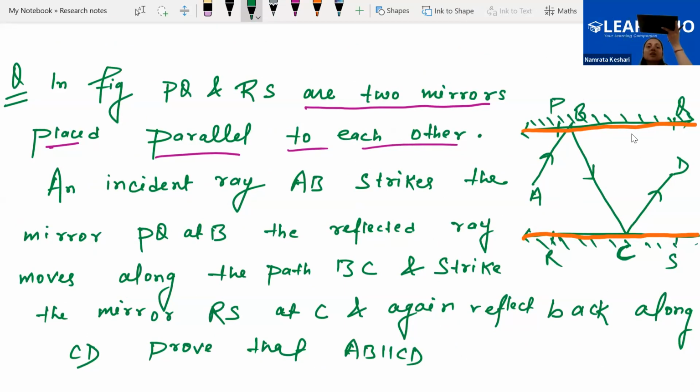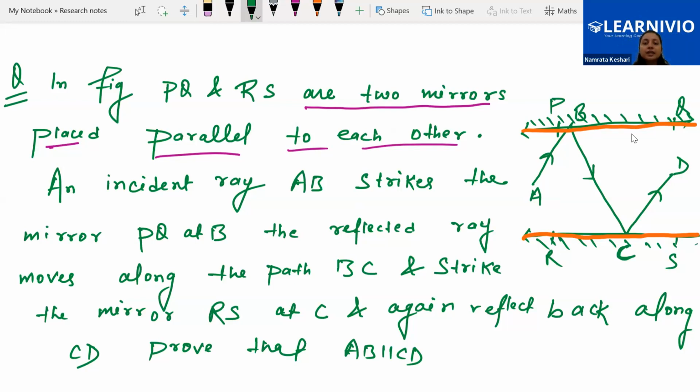On the PQ mirror, a ray is incident. If you take a torch and put it in front of the mirror like this, you will be able to see how the ray is incident on the mirror. Incident ray AB strikes the mirror PQ at B.